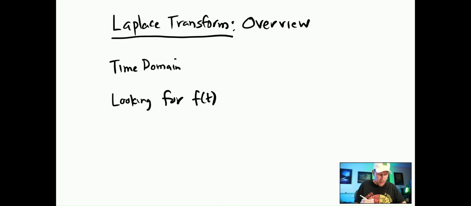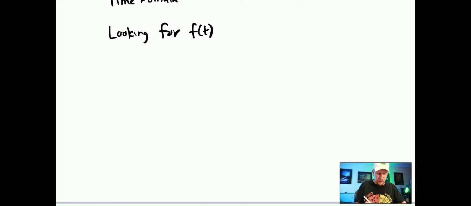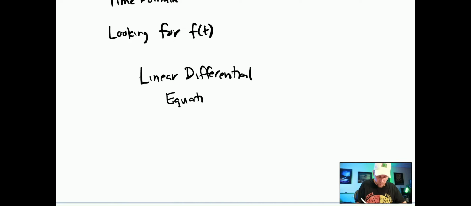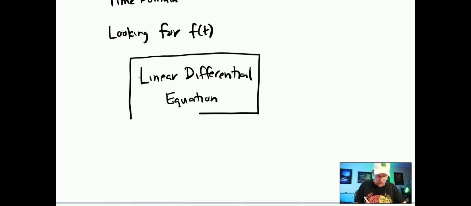Now, in the time domain, for f of t we have a linear differential equation that will, when solved, give us that. So this is where we start with our idea, and the idea is we actually want a solution for f of t in the time domain.